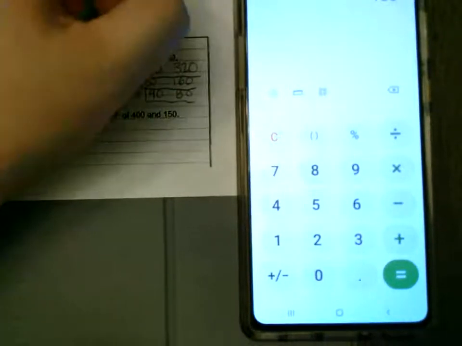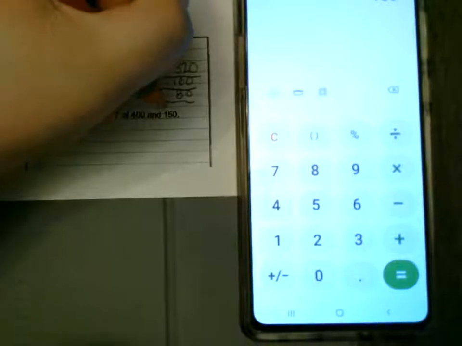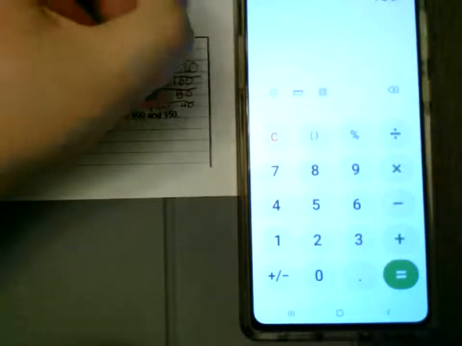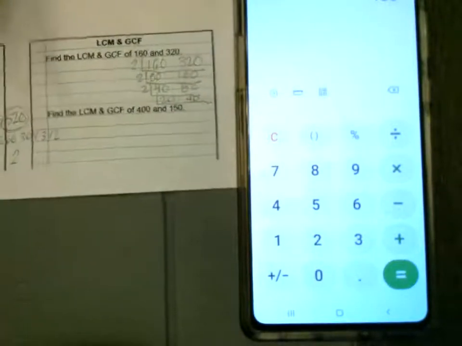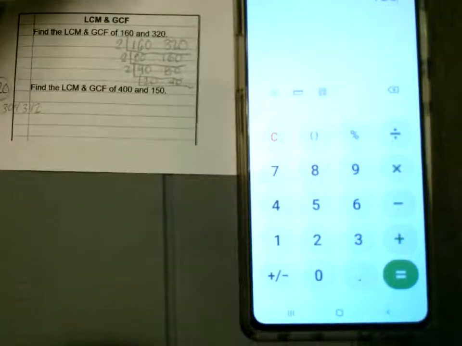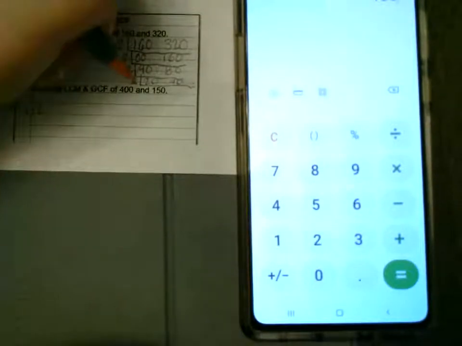Divide by 2 again, I get 20 and 40. Divide by 2 again. I am running a little bit out of room, so if you need notebook paper on your homework, it might be a good idea. Divide by 2 again, and I get 10 and 20. Divide by 2 again, and I get 5 and 10. Divide by 5, and I get 1 and 2.